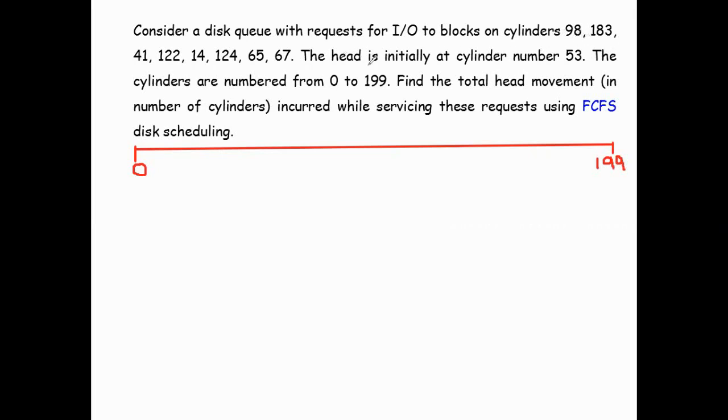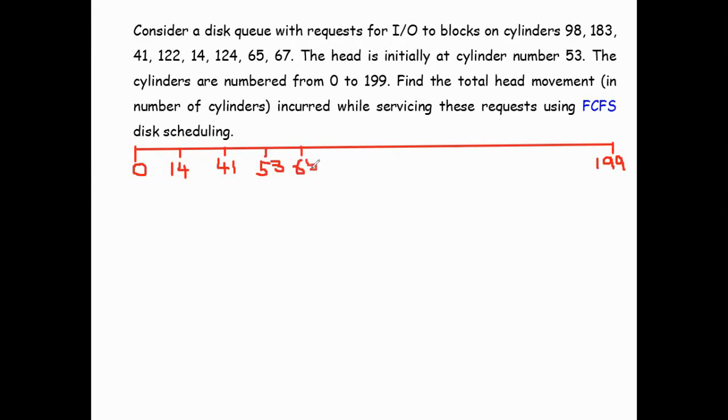Now, let me arrange the requests for cylinder numbers in the number line. After 0, 14 is represented. Then 41 is represented. We need to represent 53 because from the problem it is given that the head is initially at cylinder number 53. Hence 53 must be represented in the number line. After 53, 65 is represented.